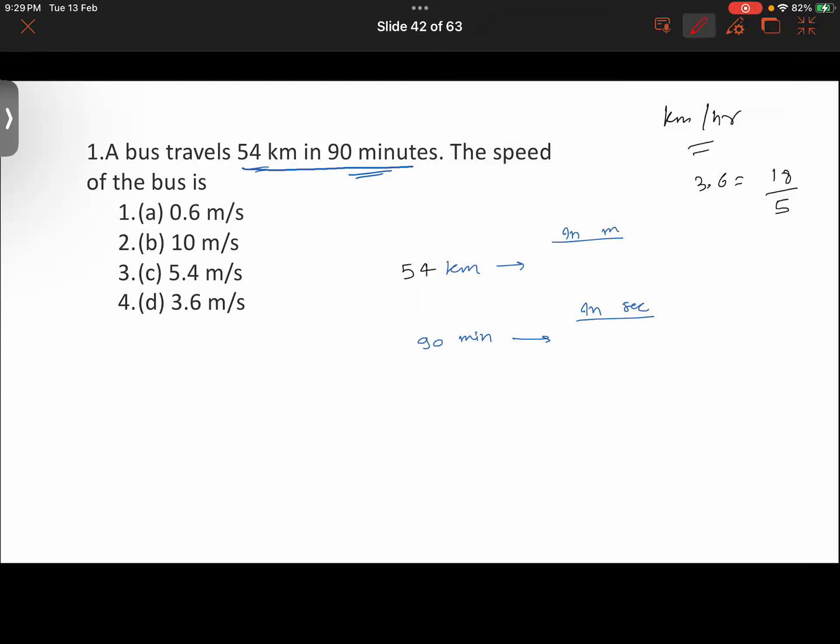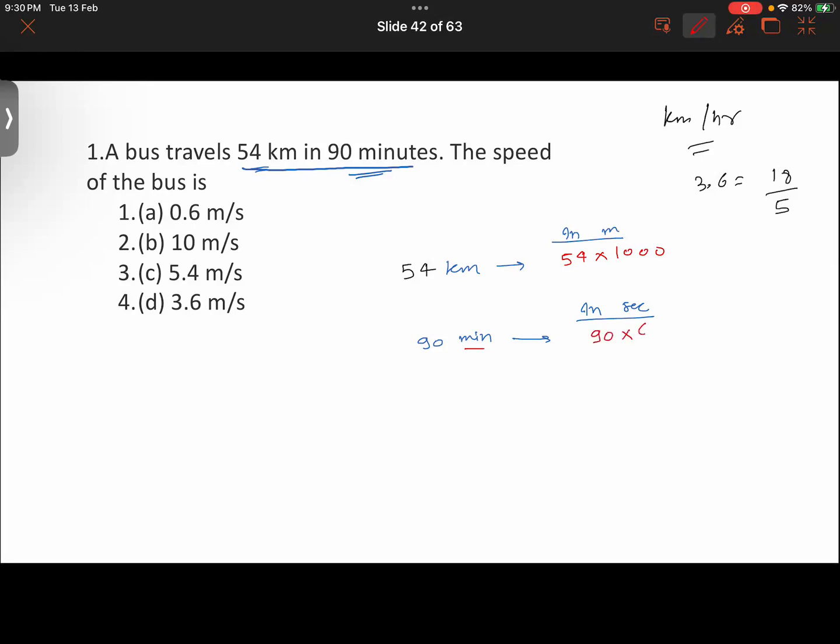Sir, I'm done and I got the answer. What is that? Sir, I got B. It's 10 meter per second. 10 meter per second, how? It is simply 54 times 1000, so converted into meter. In order to convert into seconds, we know that there are 60 seconds in 1 minute. So how many seconds will be there in 90 minutes?